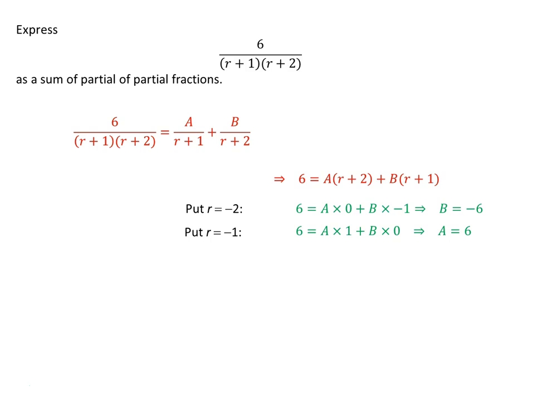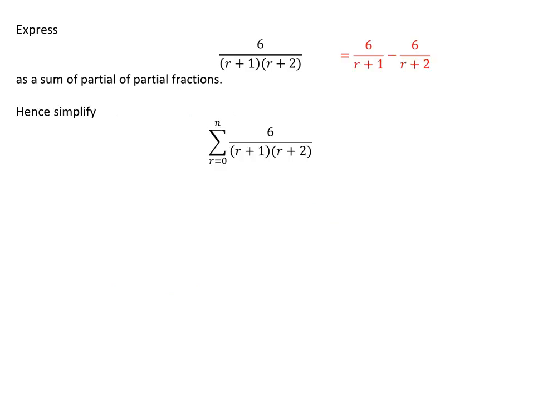So I now have my split up of 6 over (r plus 1)(r plus 2) is the same thing as 6 over r plus 1 plus minus 6 over r plus 2. In other words, 6 over r plus 1 minus 6 over r plus 2. So we've done the first part of the question.